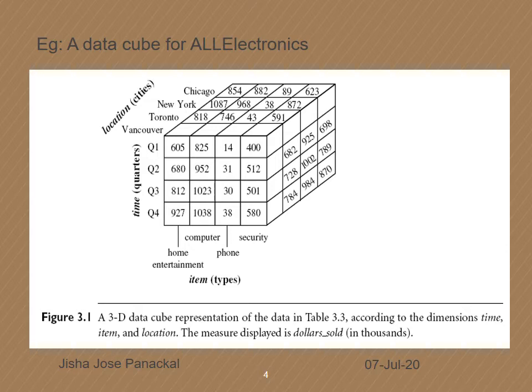And we have location, in the form of cities. We have different cities: Chicago, New York, Toronto, and Vancouver. And this data cube is a 3D data cube which represents time, item, and location. And the measure displayed is the dollars sold or the sales amount.